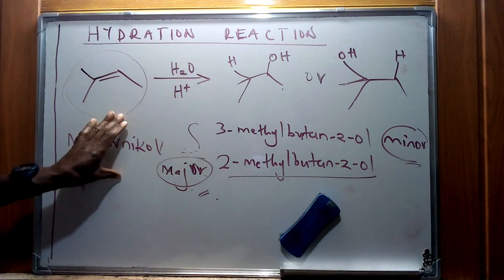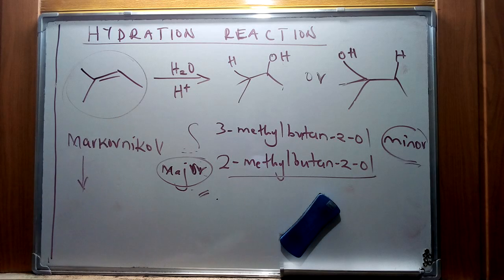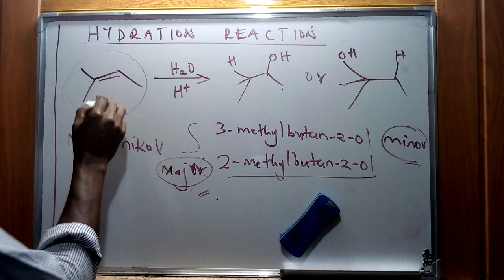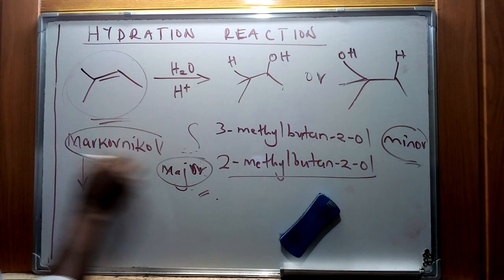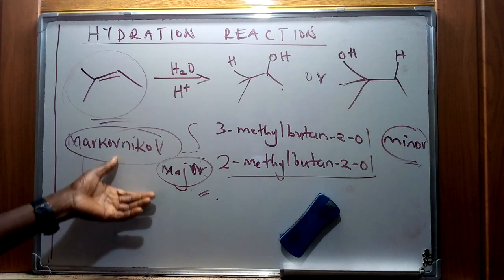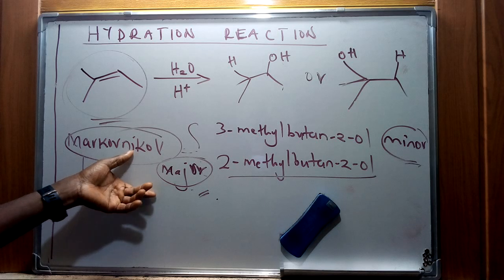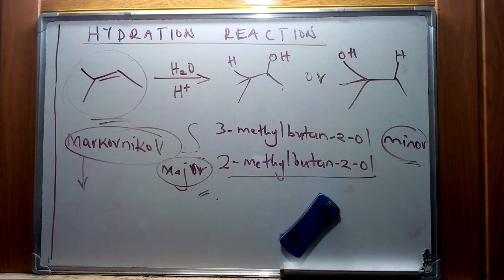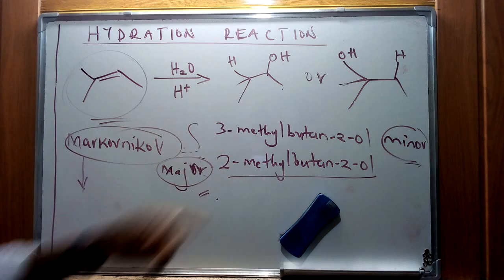So in any reactions that we're going to do concerning hydration, or which require some of the conditions, we're going to infer from rules like Markovnikov's rule, which give us the priority of which product is going to take precedence over another one.